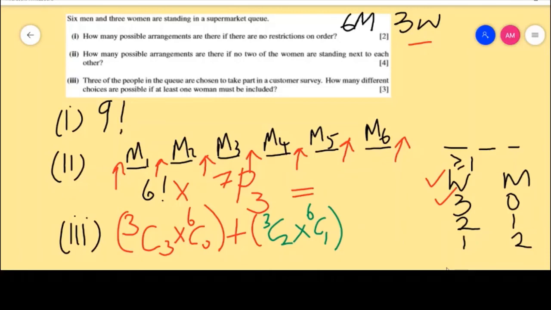Alright, I'm going to go plus, and then I do the last one. So this is going to be 3 choose 1 times 6 choose 2. So again, you do that on your calculator there. Alright, so particularly I want you to pay attention to part 2 there. Make sure you arrange the men first, leaving gaps, and then you would permute your women on the spaces left there. This is an important concept.